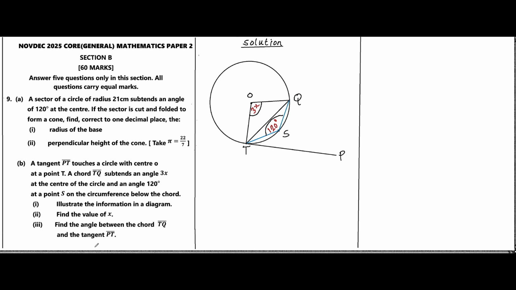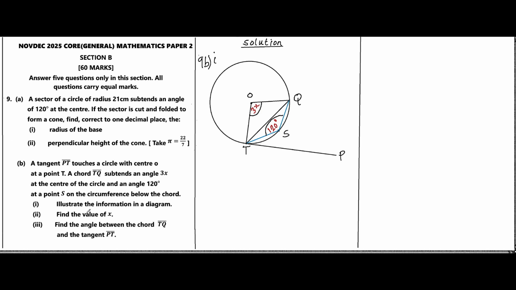So the I part says we have to illustrate the information on the diagram. So that is what we have done. So question 9b. So the I part says we have to illustrate this on a diagram. That is what we have done.